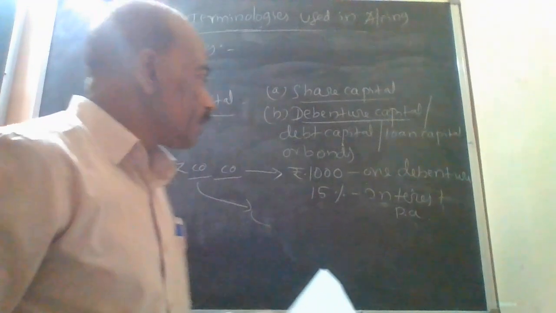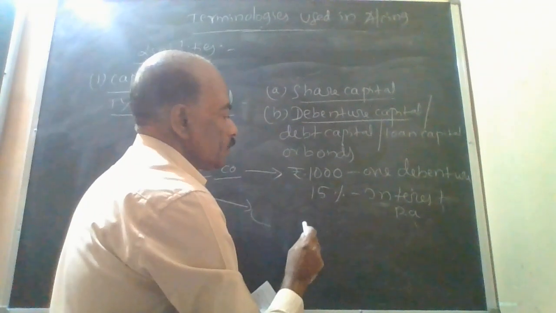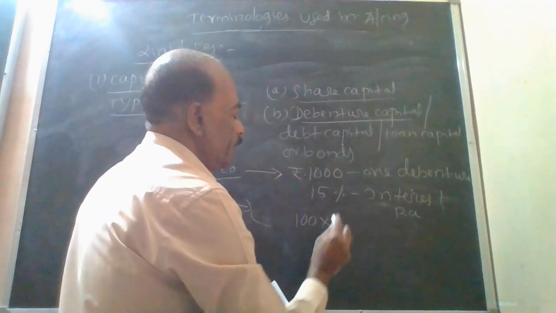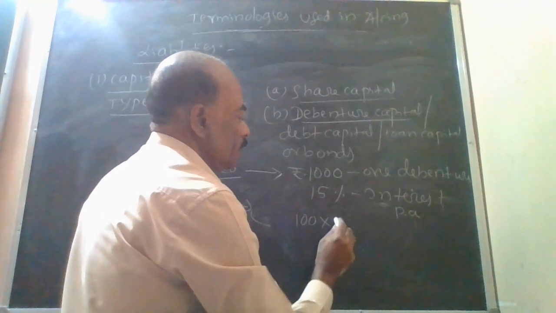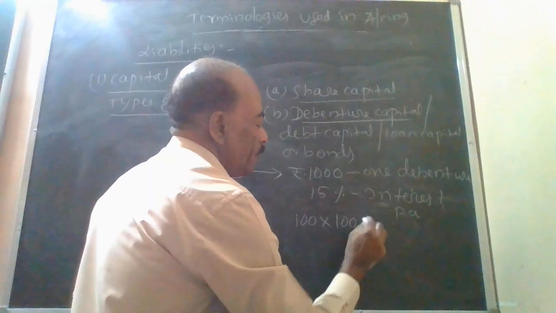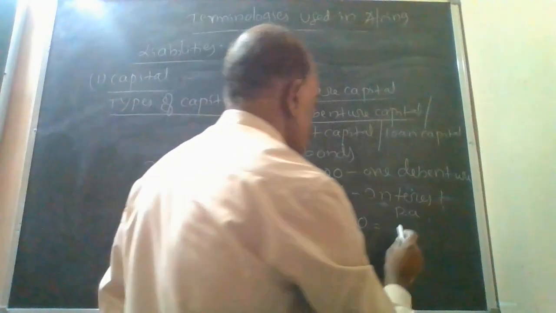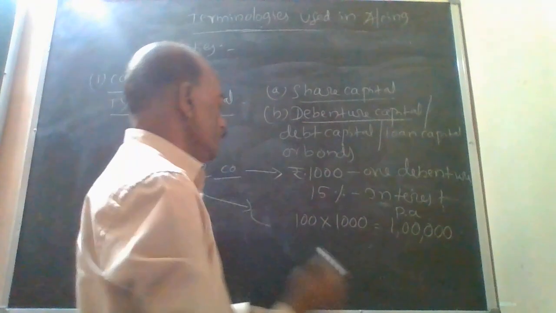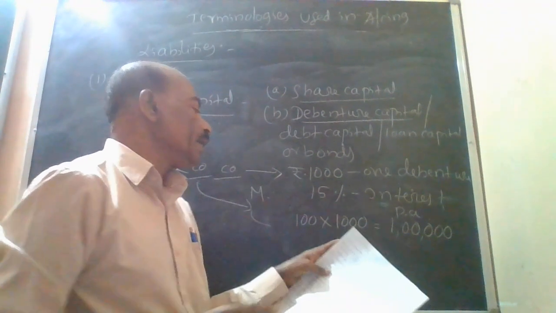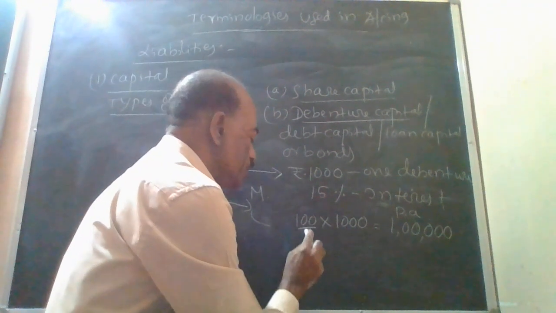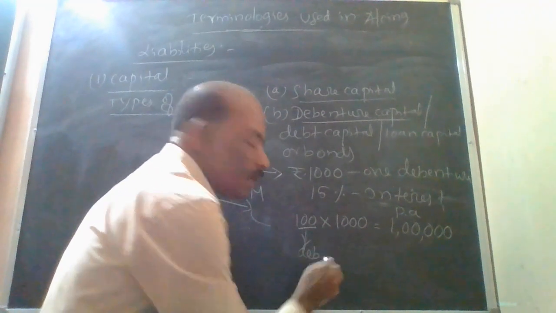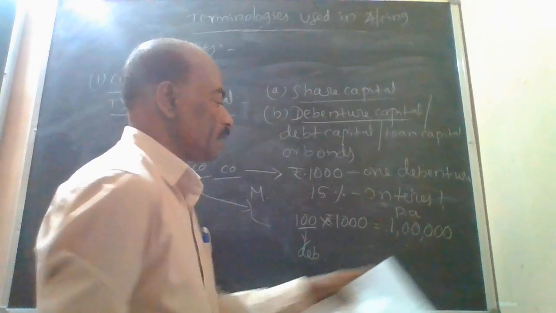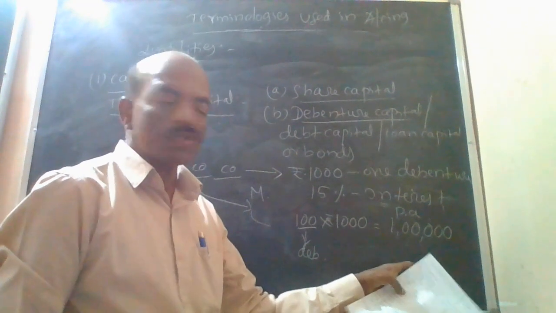For example, one person purchased 100 debentures. The value of one debenture is 1000, so 100 into 1000, totally 1 lakh. Mr. M contributed that money.